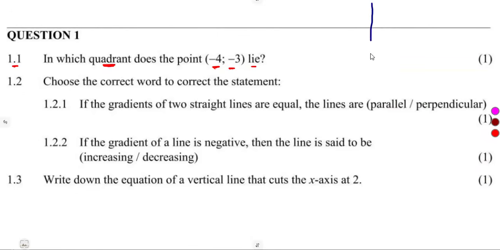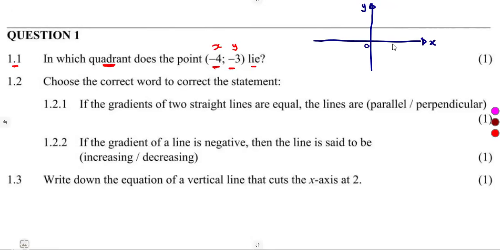Remember, on a Cartesian plane, we have got the x-axis and also the y-axis. It helps us to locate a certain point by knowing the x value and the y value.